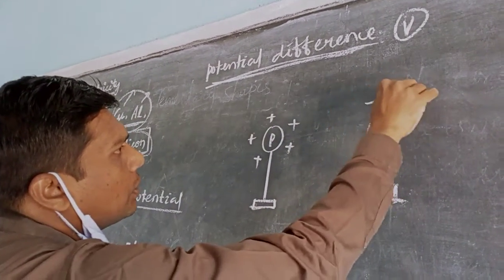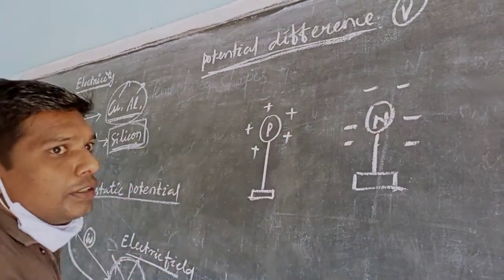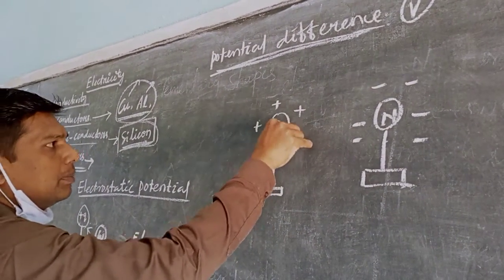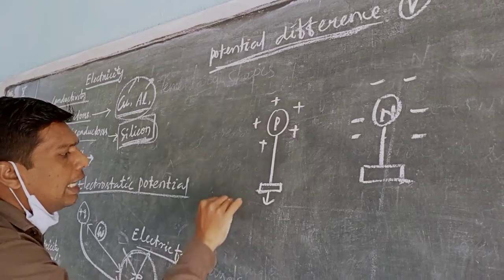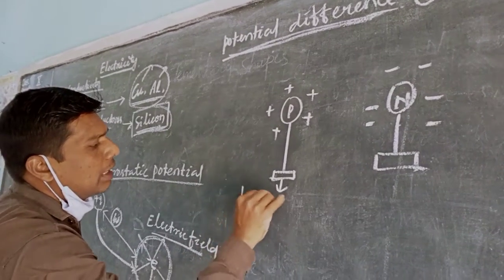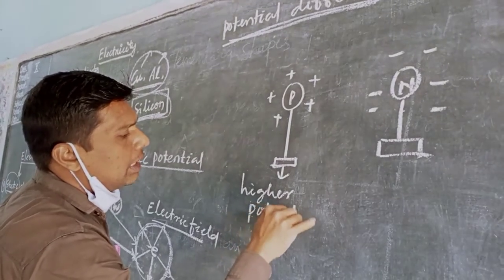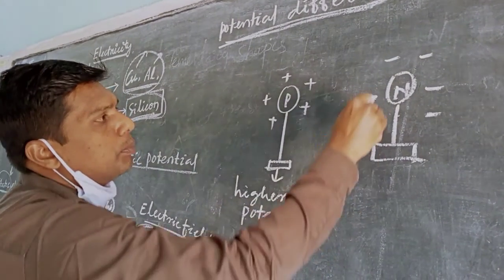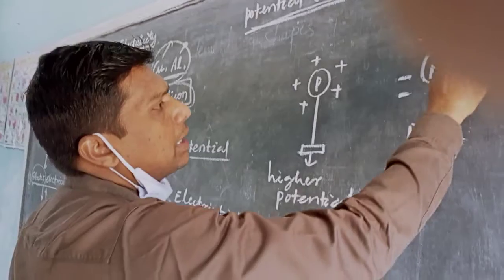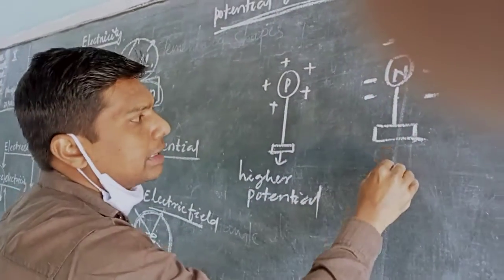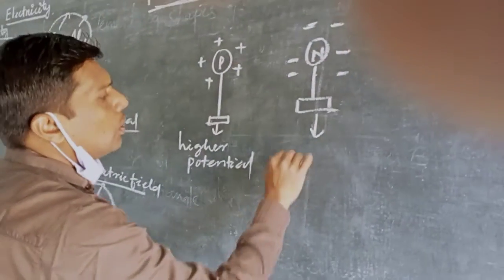Because positive charge is maximum here, it has higher potential. And because negative charges are maximum here, it is known as lower potential.